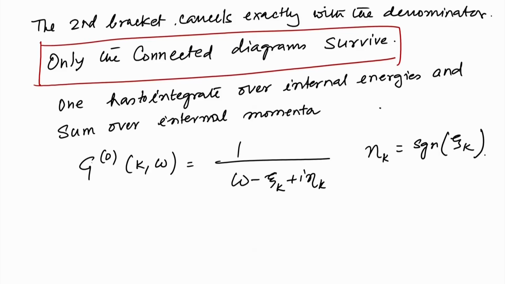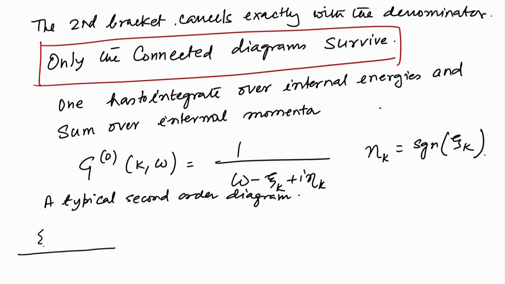So, a typical second order diagram is equal to like this and this and this.